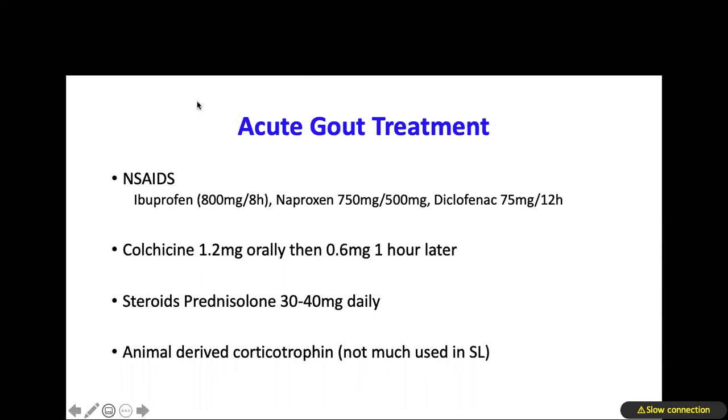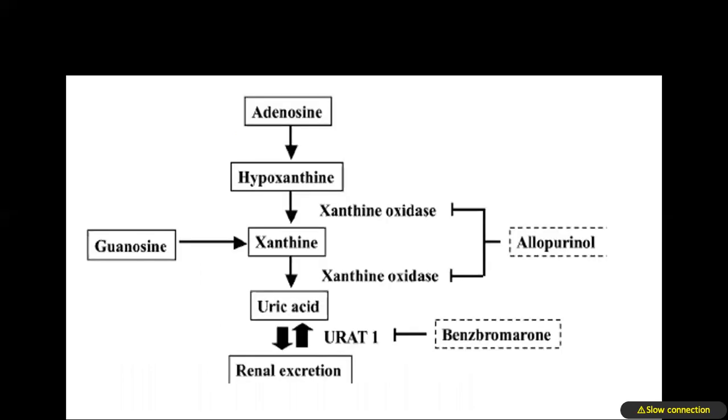But if you have acute gout, it's better to divide up the dose, because patients don't tolerate colchicine very well. Steroids work very quickly, and you just need to give them for about 5 days to 1 week, and it settles the attack very well, and the patients tolerate it a bit better than colchicine.